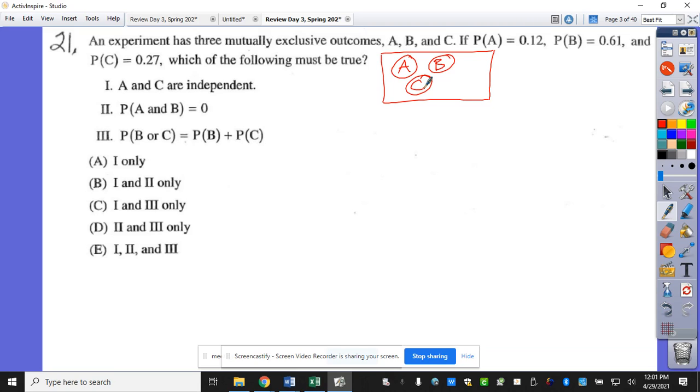I'm going to start with 2. Probability of A and B. So if 2 events are mutually exclusive, can you be both at the same time? No. So if I can't be A and B at the same time, then my probability of A and B is what?